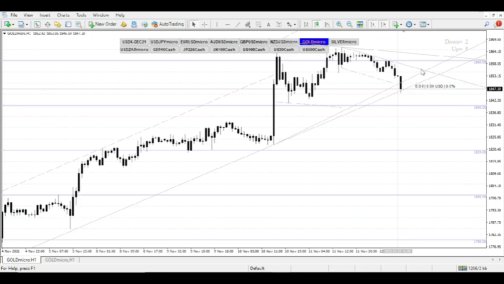Have other things. Look at your candles, look at the levels. If you're trading the way that I do, I'm looking at my key levels, I'm looking at the channel, and importantly I'm looking at what my candles are telling me.